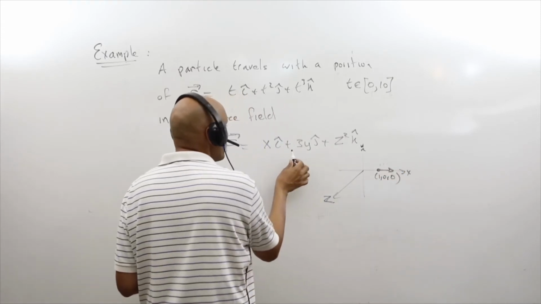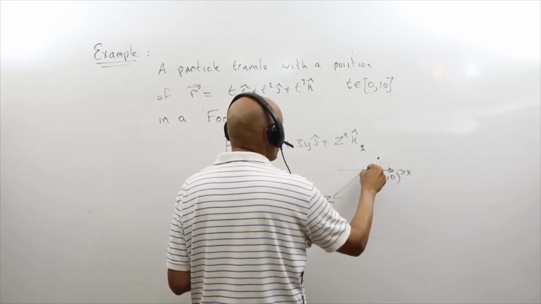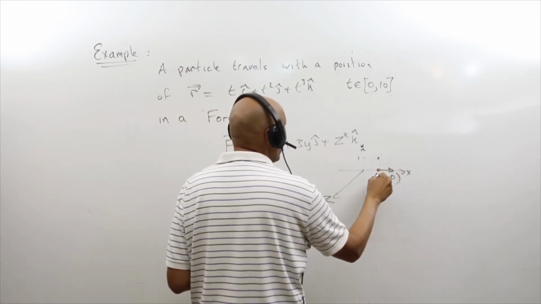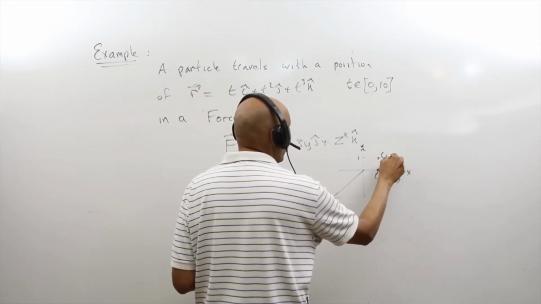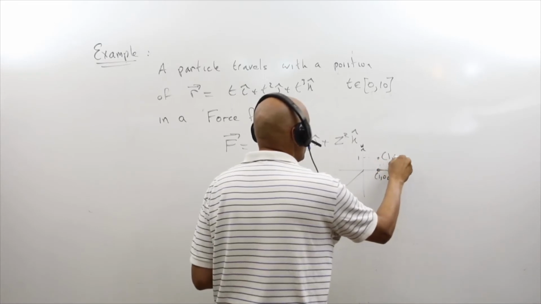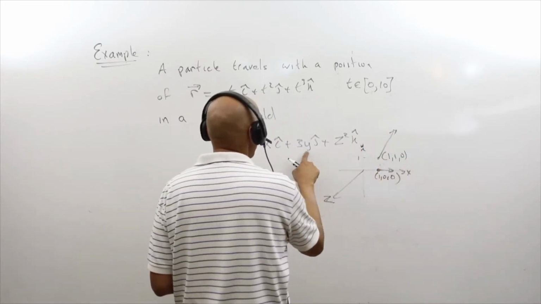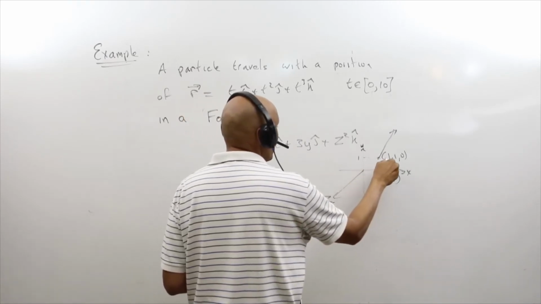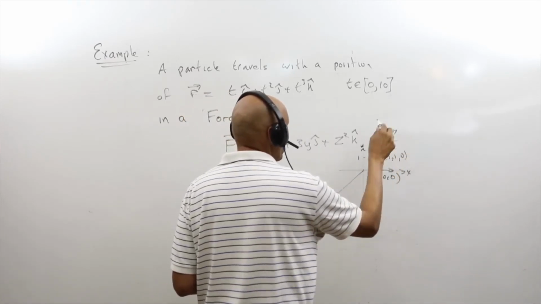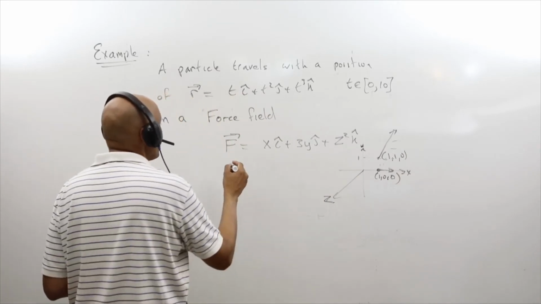But if I select the point 1, 1, 0, the force field is 1, 3, 0. So it's got a component in y that is 3 times bigger, so it's not a very good drawing. But anyway, this is called a force field or a vector field.